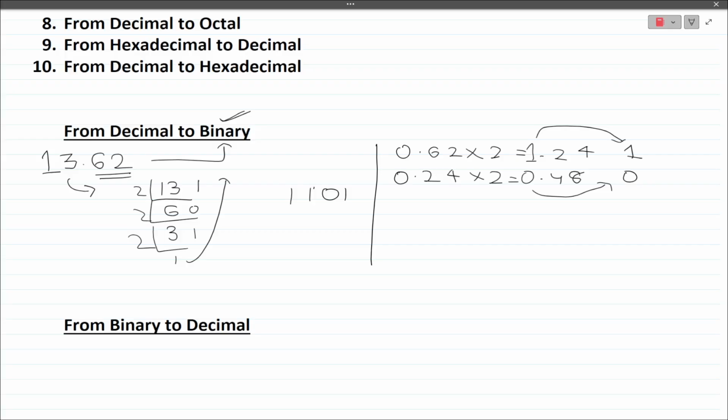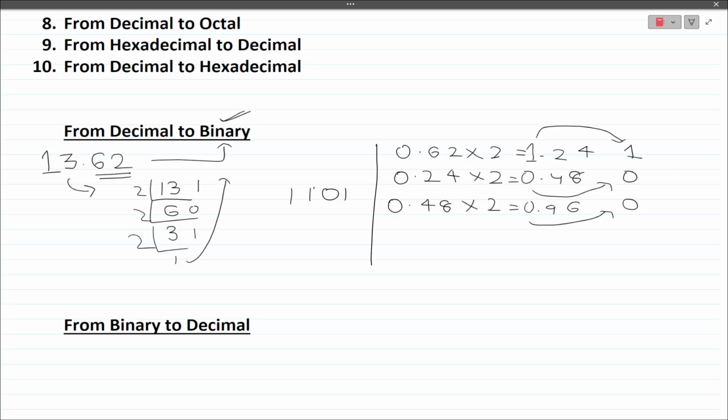Then I will again take 0.48 into 2. Then it will be 0.96, and again the non-decimal part is 0.